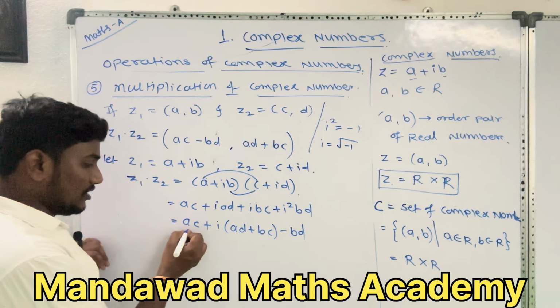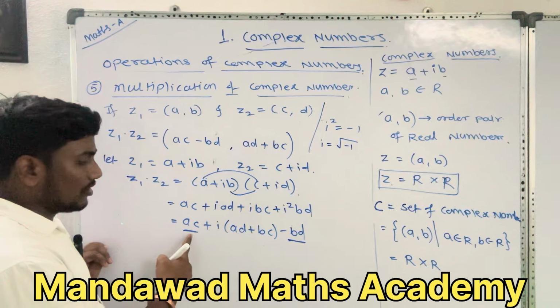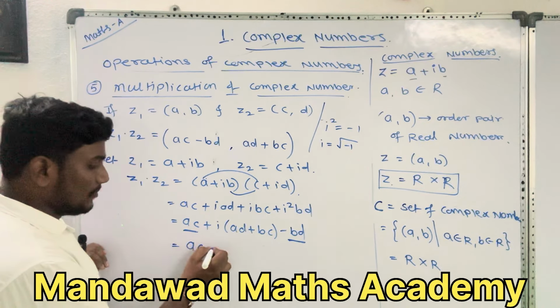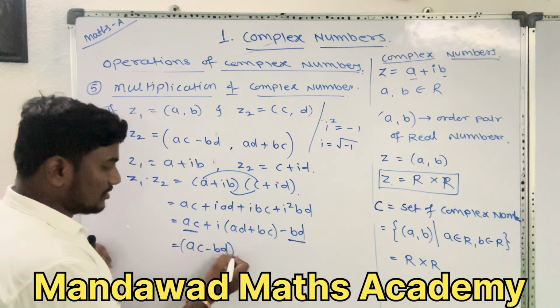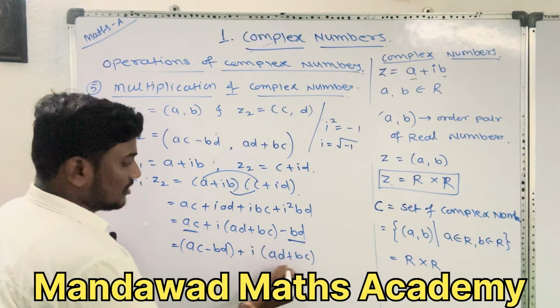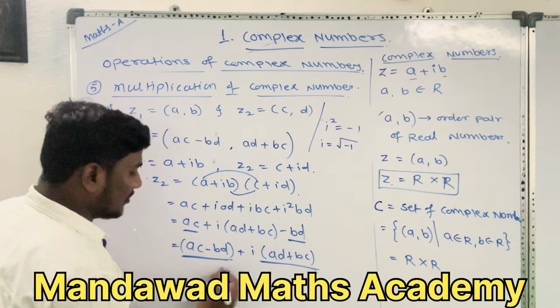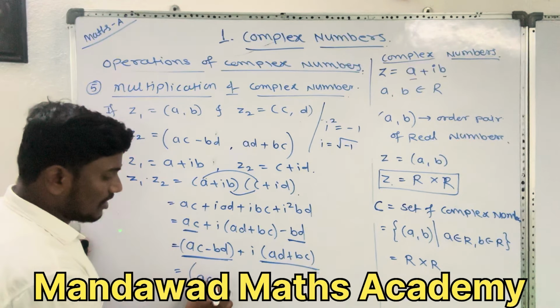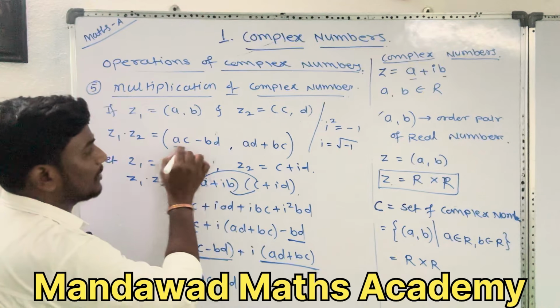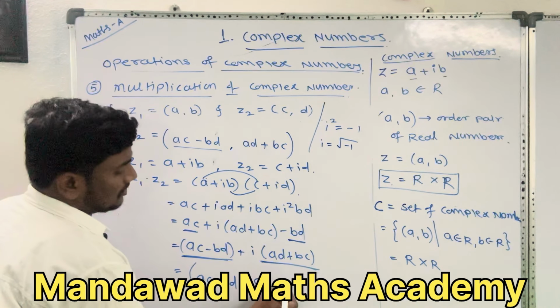So this is a real part and this is also a real part, meaning there is no I, you can write AC minus BD plus I into AD plus BC. So what is this? This is a real part and this is an imaginary part. Therefore, the first component is AC minus BD, and the second is AD plus BC.